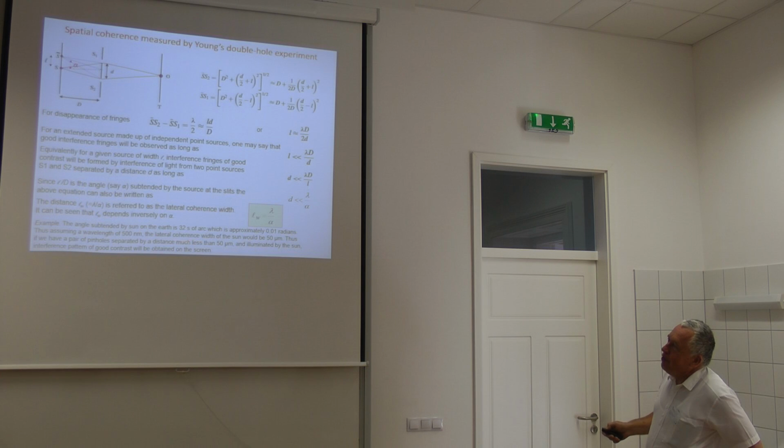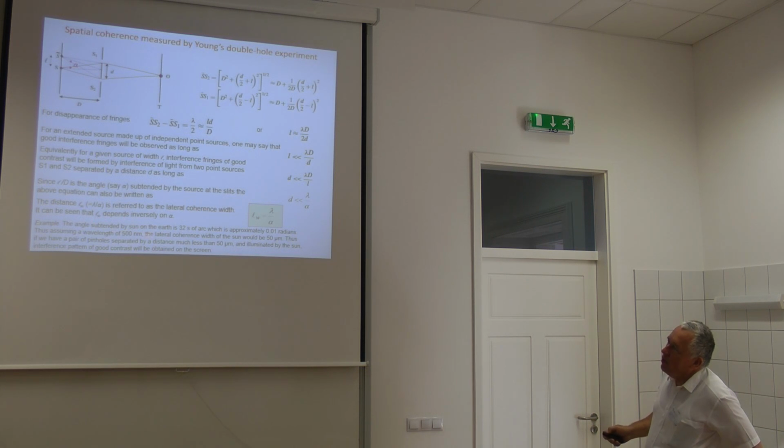For example, if you have a star, and this is 0.01 radian, you can see the two extreme points of the light source, the street light, or this can also be a star, whatever you wish. And this is the viewing angle, denoted by alpha. And then, depending on the lambda, you will see the lateral coherence.